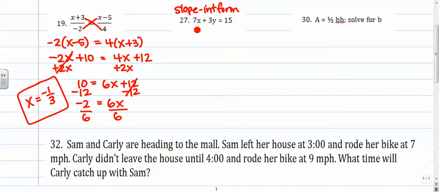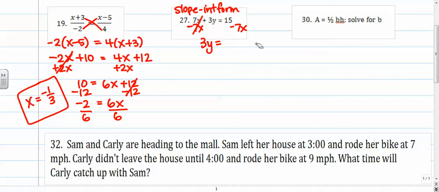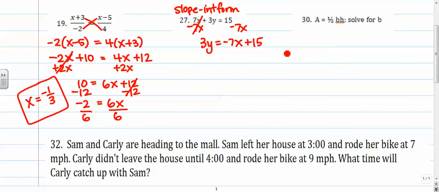That means I'm going to move the x's. So I move 7x's by subtracting them from both sides. Okay? So 3y equals. Now if I wrote 15 minus 7x, then I don't have the x's directly after the equals. I'm not going to slope-intercept form. So I'm going to rearrange that, put the negative 7x's in front, and then the plus 15.